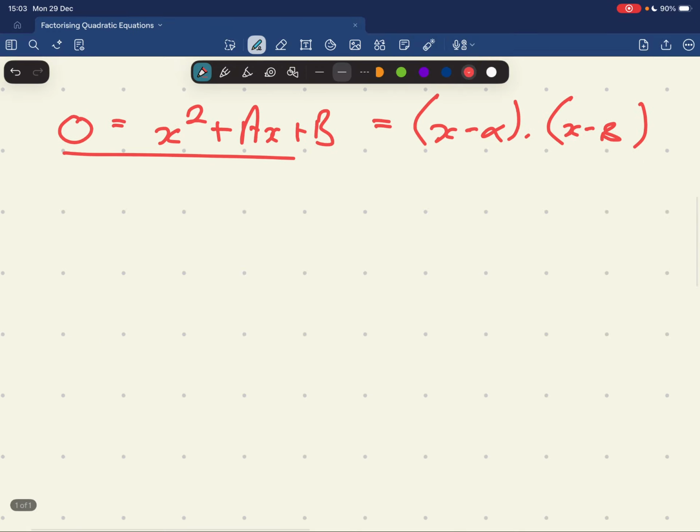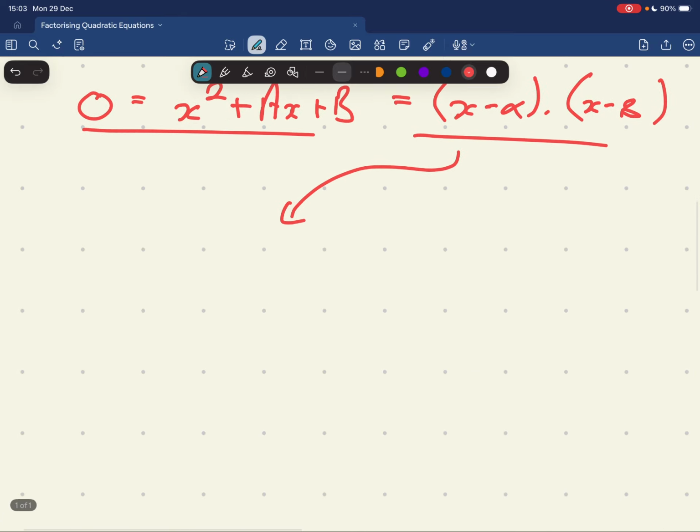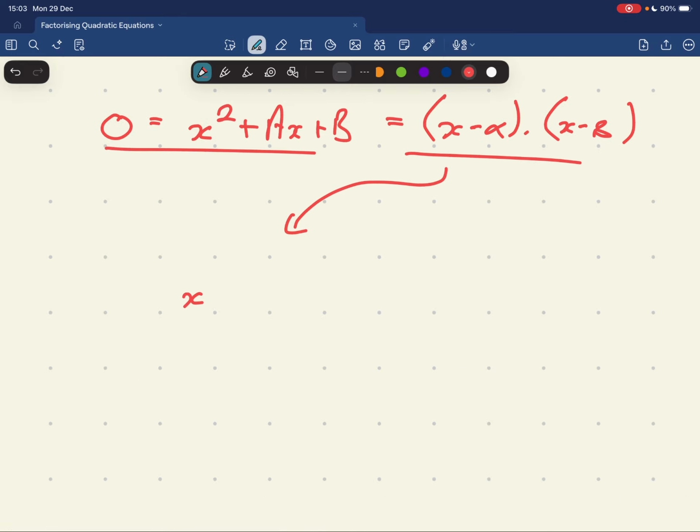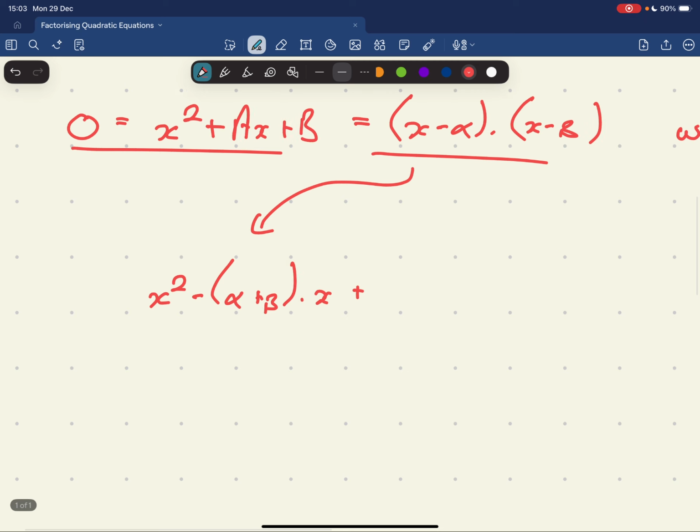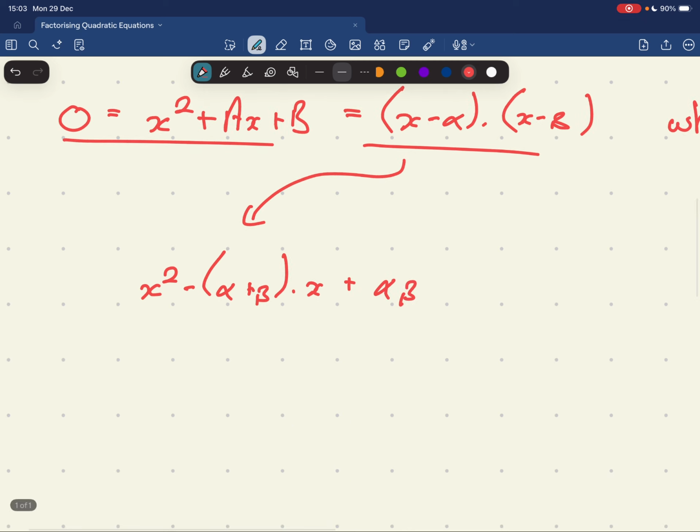So let's now think about the implications of this. If I expand this bit over here, that gives me x squared minus alpha plus beta times x plus alpha beta. This is the constant term.